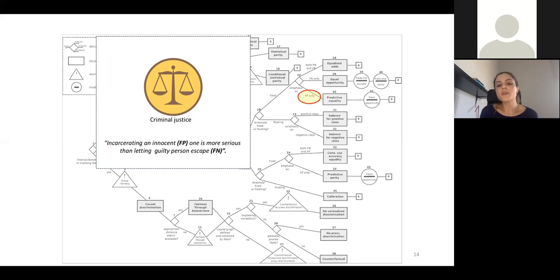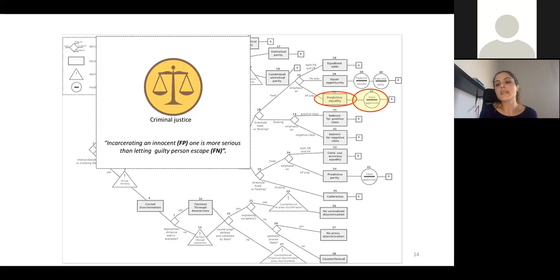It is typically known as more acceptable to let a guilty person go rather than incarcerate an innocent one. So at this level of the diagram, predictive equality is suitable to use, as it requires equal false positive rates among subpopulations. While here equal opportunity must not be used, as shown in this diagram.